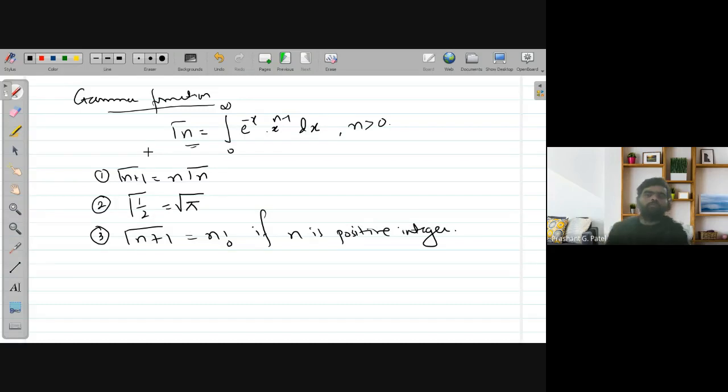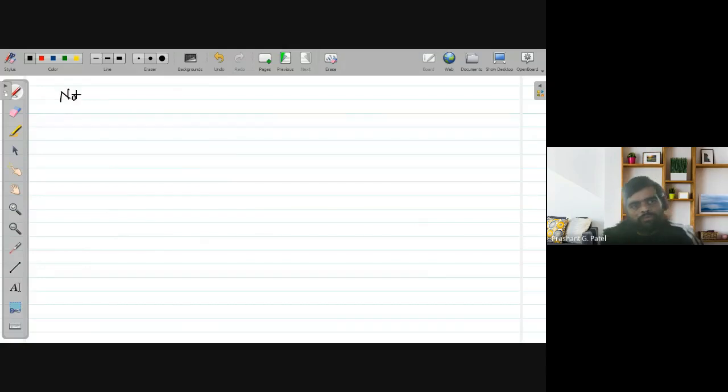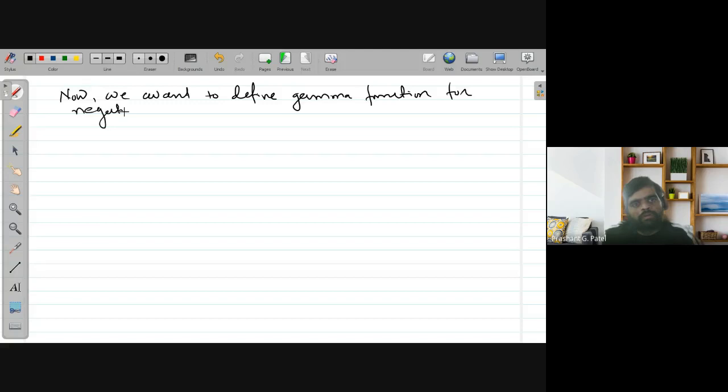So now we want to define a gamma function for negative real numbers.